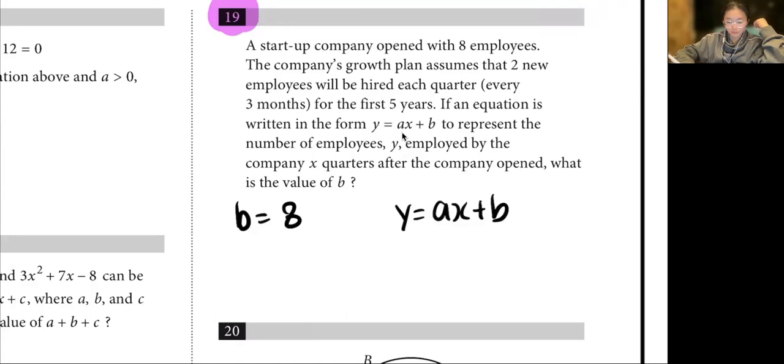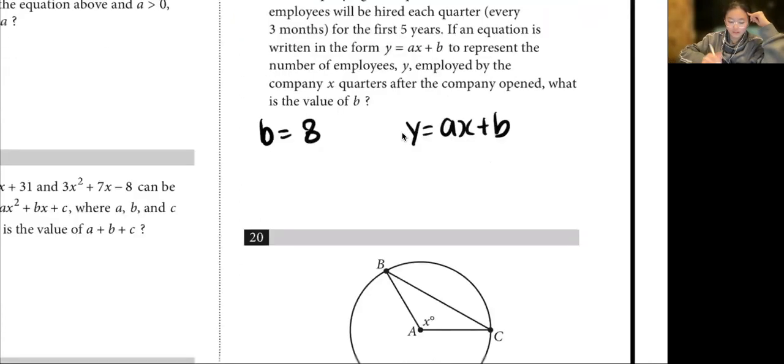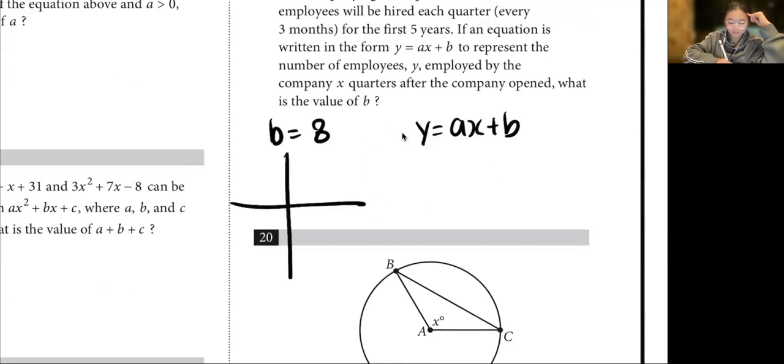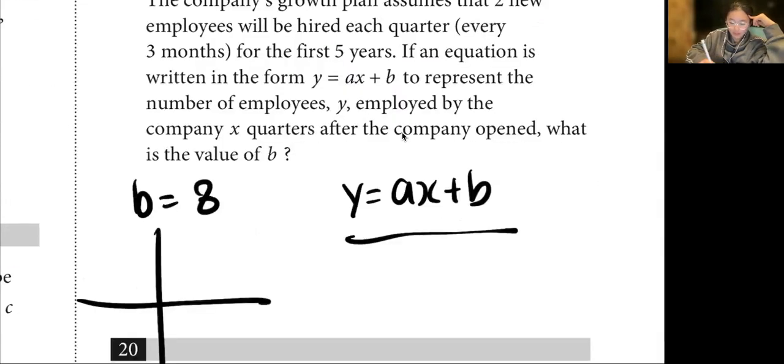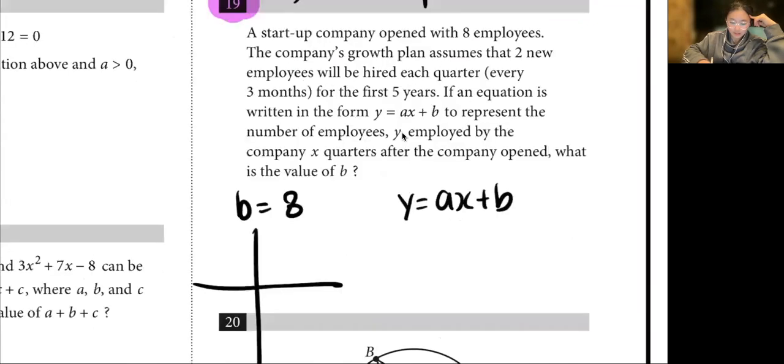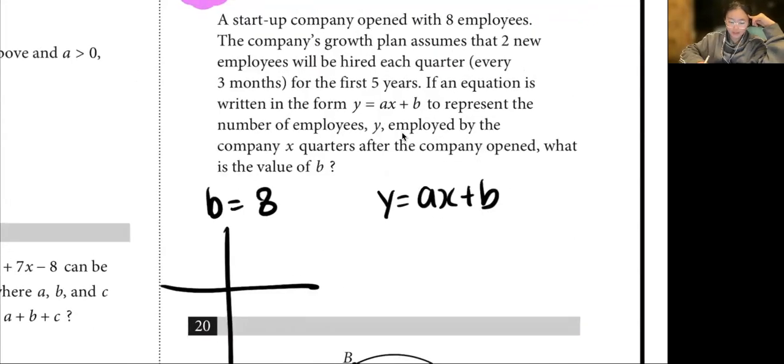So don't think too hard on this. Imagine a graph, and this is a linear graph question because y equals mx plus b, or ax plus b, is a linear graph. And plus it's saying, oh, when it initially started.